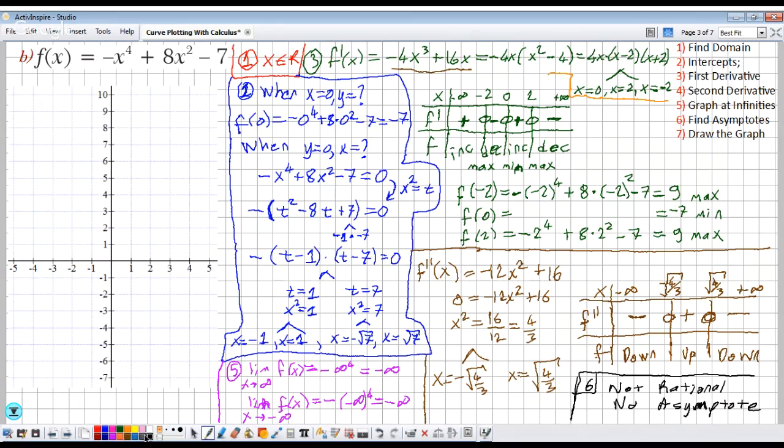So now let's draw the graph. Firstly, the clear points that we found. When x is equal to 0, the result is minus 7. Over there in here. Then, when y is equal to 0, we have found 4 x-intercepts, which are x is equal to minus 1, x is equal to plus 1.